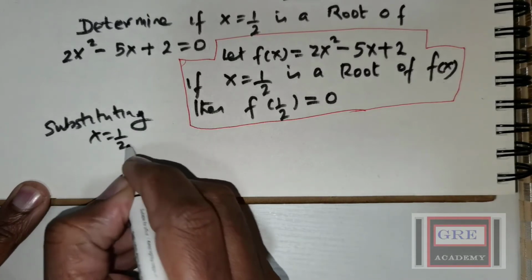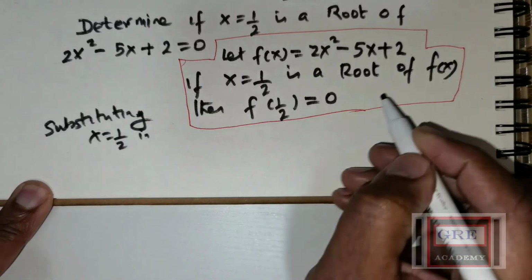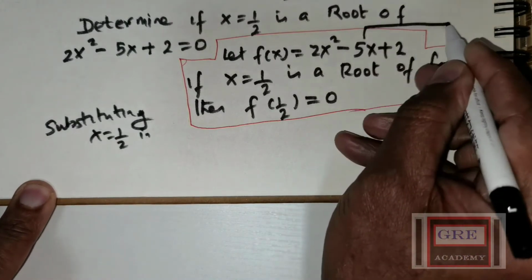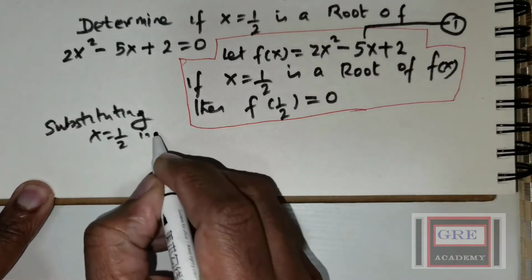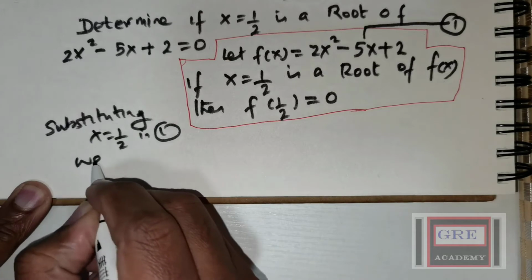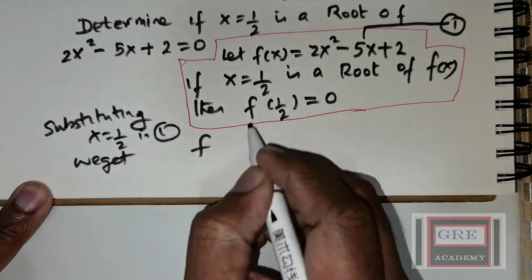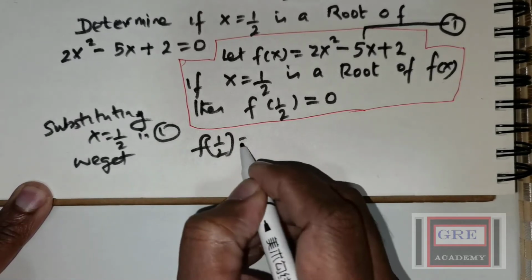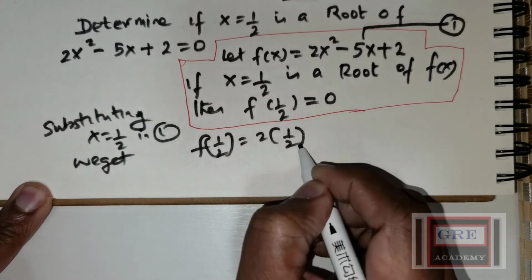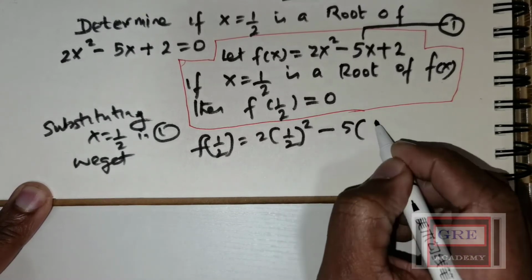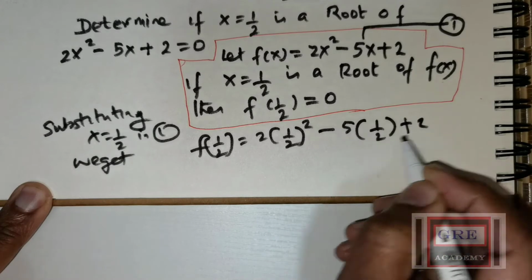Now, substituting x = 1/2, we get f(1/2) = 2 times (1/2)² − 5(1/2) + 2.